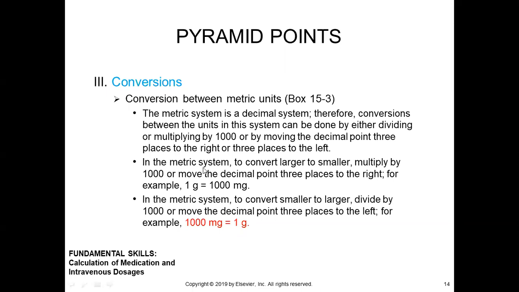So in the metric system, to convert larger to smaller, multiply by 1000 or move the decimal point 3 places to the right. For example, 1 gram equals 1000 mg. So when a big unit is converted to a smaller unit, we multiply.